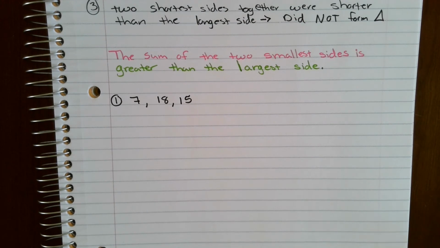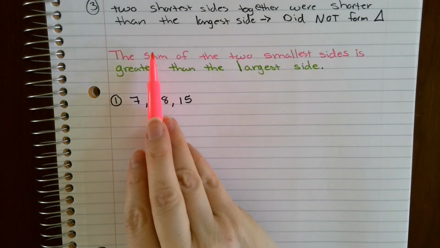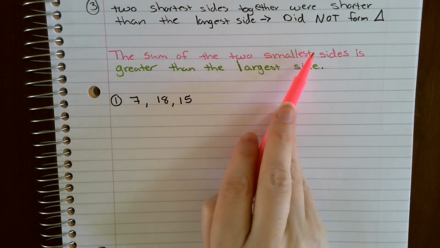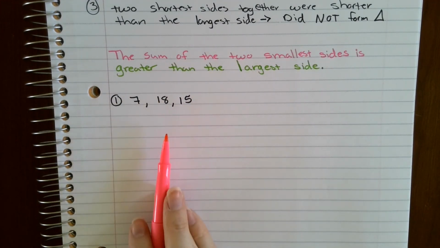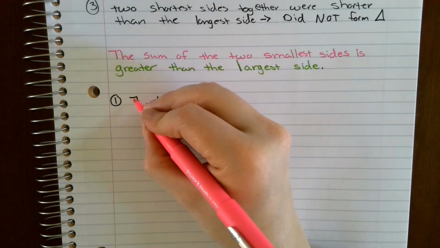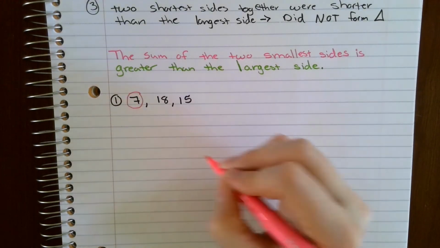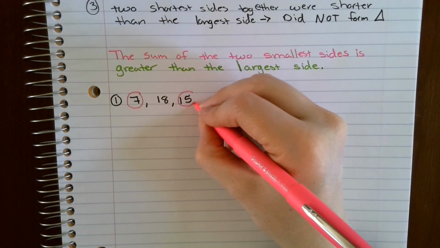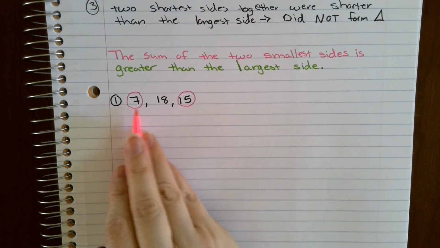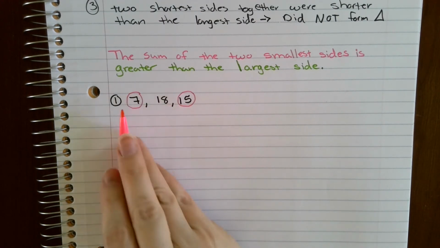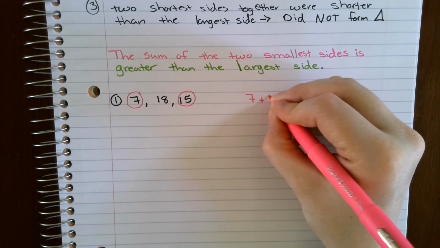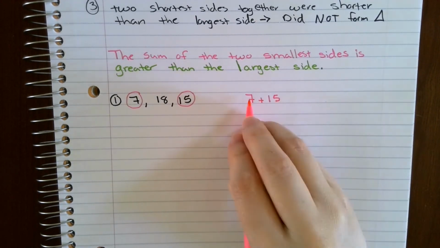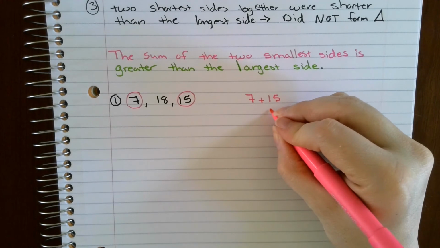The first thing I want to do is find the sum of the two smallest sides. If I have 7, 18, and 15, my smallest sides are 7 and 15. So I'm going to add those together. 7 plus 15 is going to give me 22.